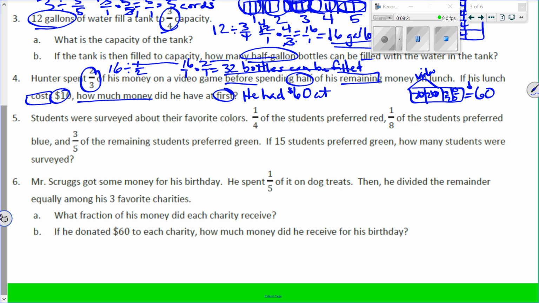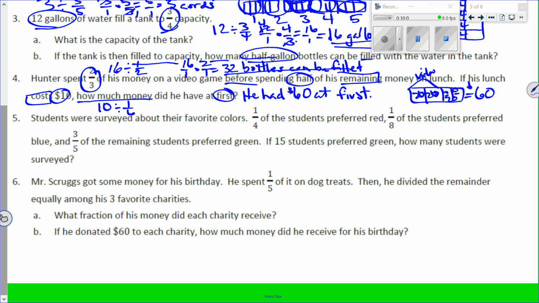Now this one gets a little more complex if you're looking at it strictly mathematically. Because to look at it strictly mathematically, what I have to do is realize I had 2/3, but then I only spent half of the last piece on the lunch, correct? So that $10 was actually how much of his total? It's half of 1/3, which would be 1/6.